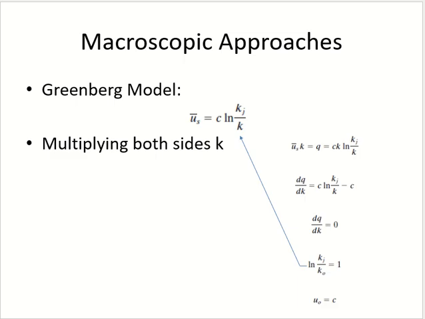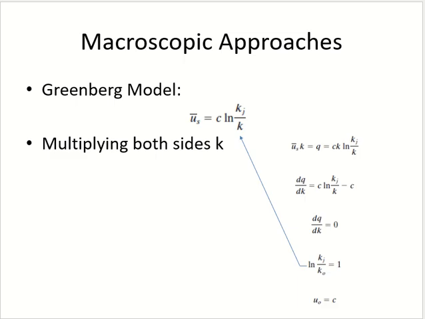You will take C on the other side. So what will you get? C log Kj over K equals C, right? So what will happen? C cancels, and this becomes 1.